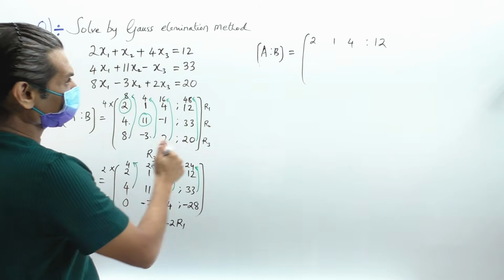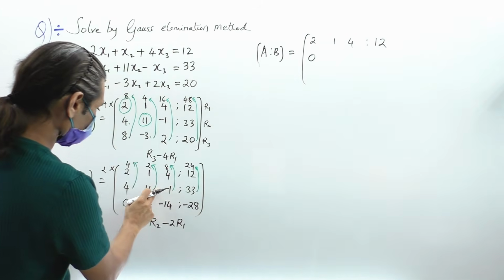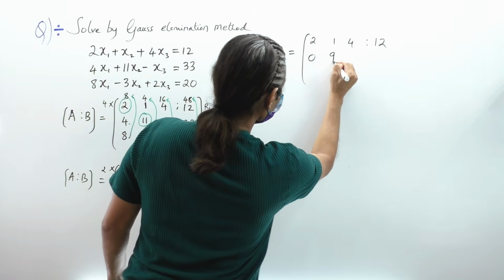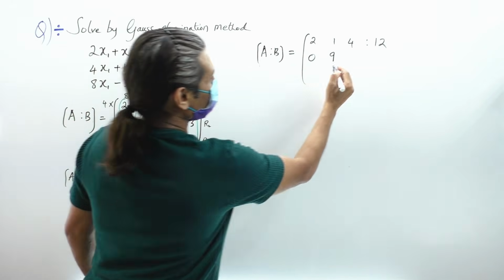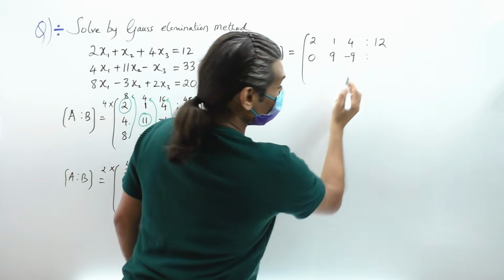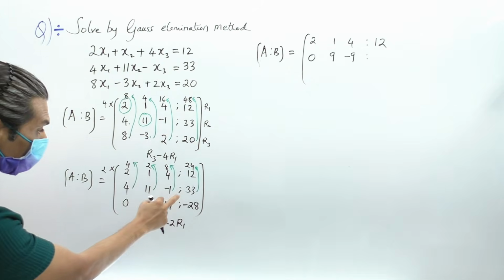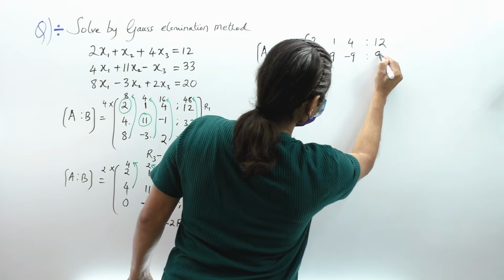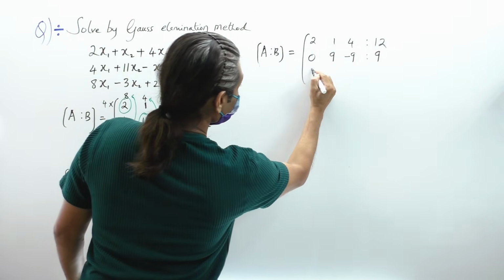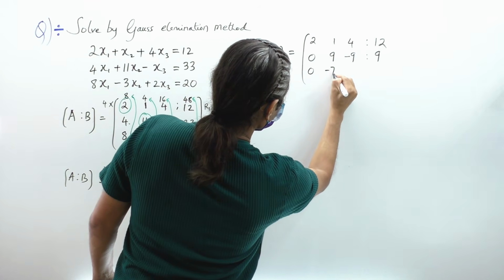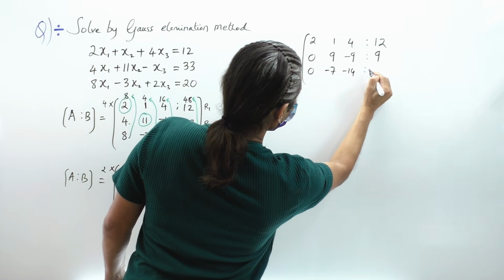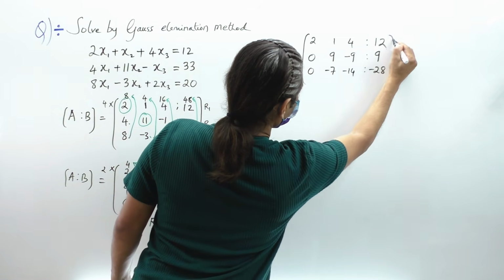Then 4 minus 4 is 0, 11 minus 2 is 9, minus 1 minus 8 will be minus 9, 33 minus 24 will be 9 again, and lastly we have 0, minus 7, minus 14, and minus 28 as it is.